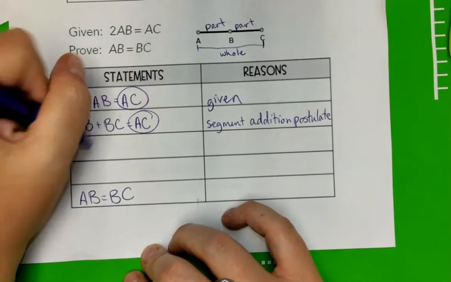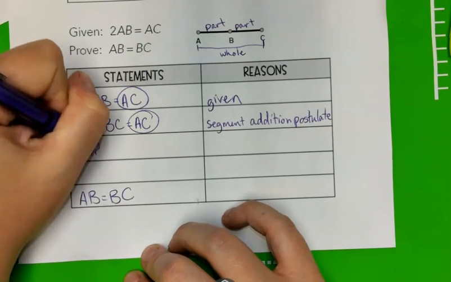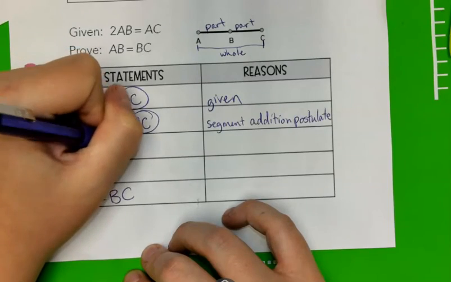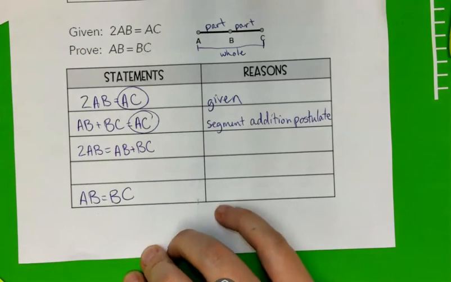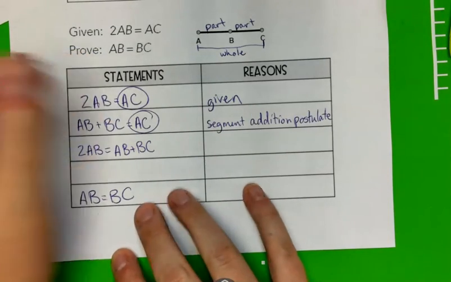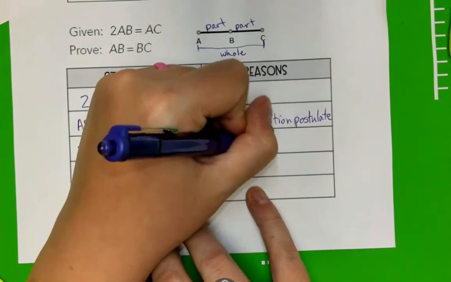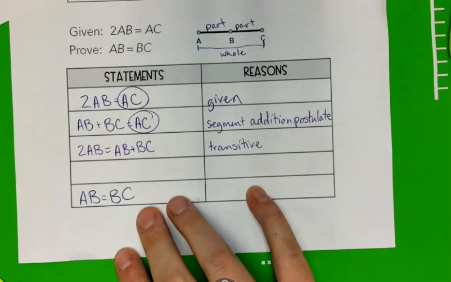So both of these equal AC, therefore they're going to equal each other. So that is going to be transitive. Okay, now we're making it work.